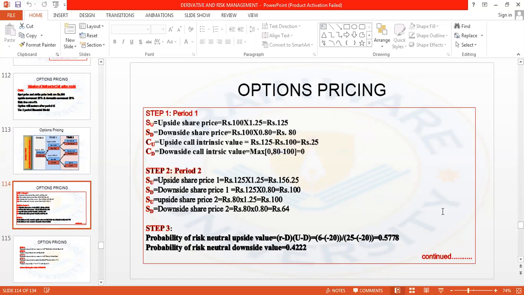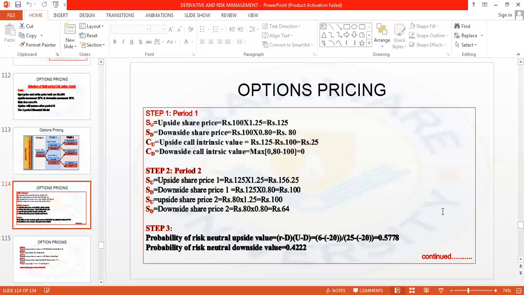Downside share price is 100. Upside share price is also 100, and downside share price is 64. So these are all available in our tree that we have discussed earlier.